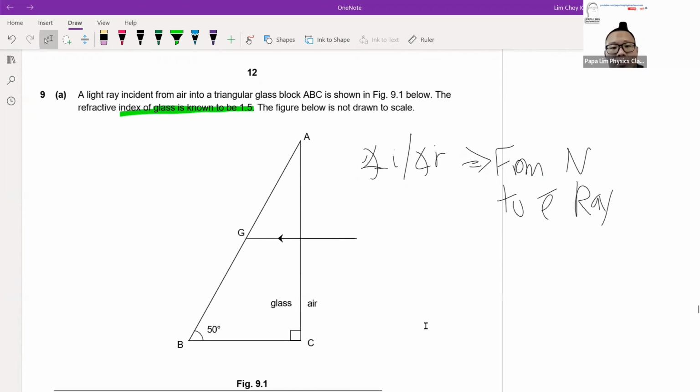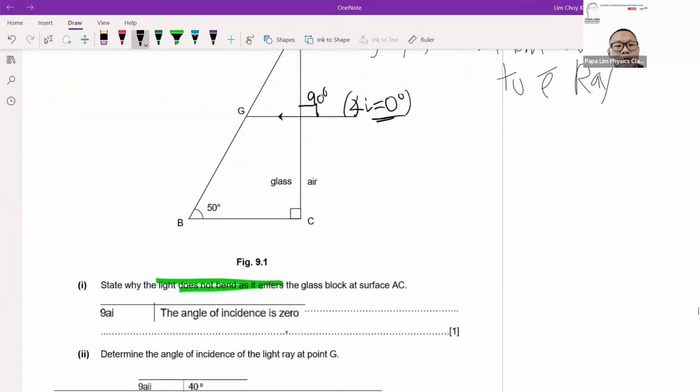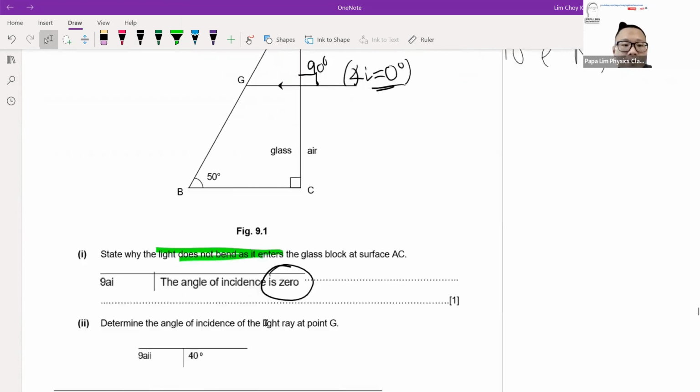You have to be careful. So although we say that the ray enters surface AC at 90 degrees, the angle of incidence we are referring to is actually 0 degrees. When the angle of incidence is 0 degrees, the ray will not bend at all. Take note of the instances.